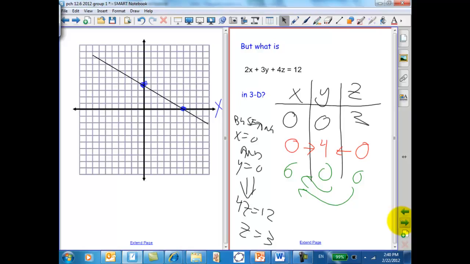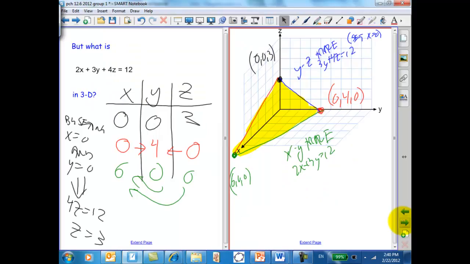Now, when we do 2x plus 3y plus 4z equals 12 in 3 space, it's a 2-dimensional plane. So if we had 2x plus 3y plus 4z plus 18w equals 19, what would that look like in 4 space? It would be a 3-dimensional space. So right now, we're just a special case of some 4-dimensional world. Okay? That's so cool.